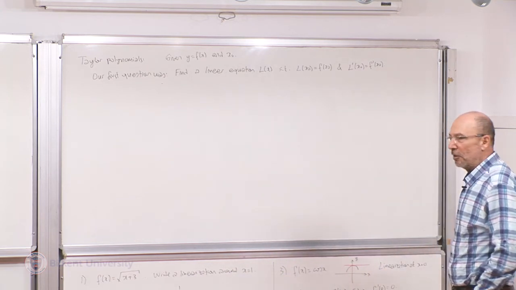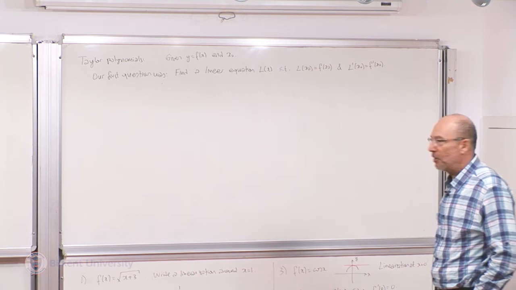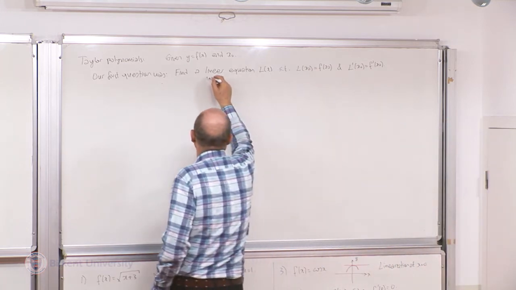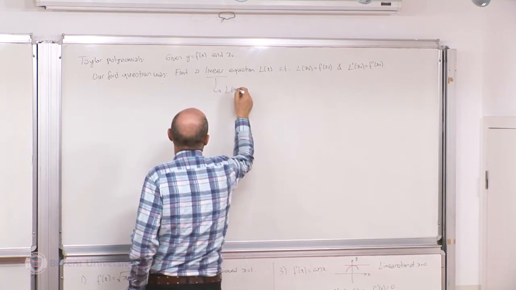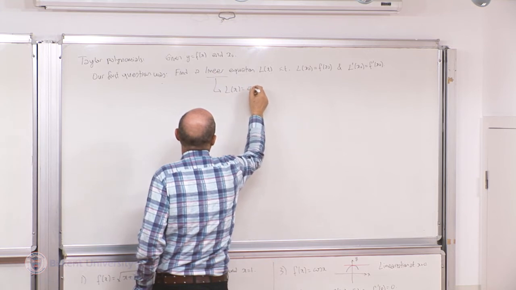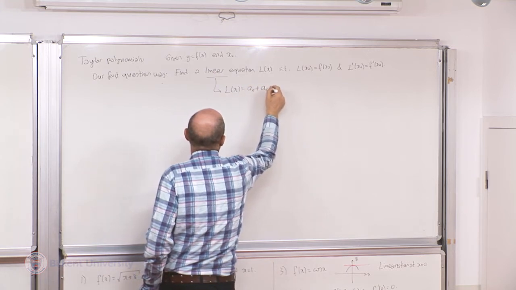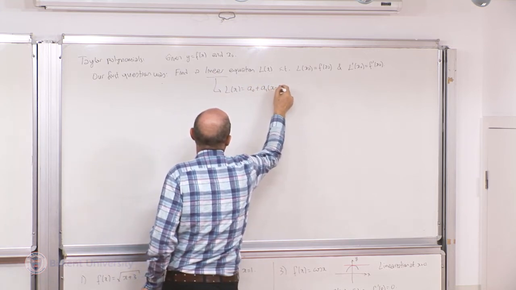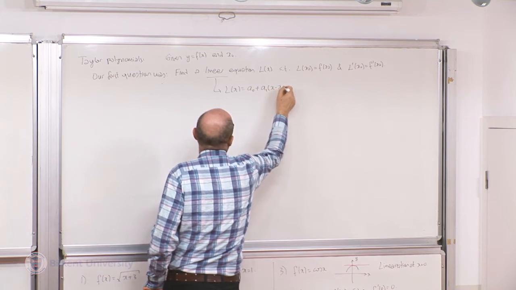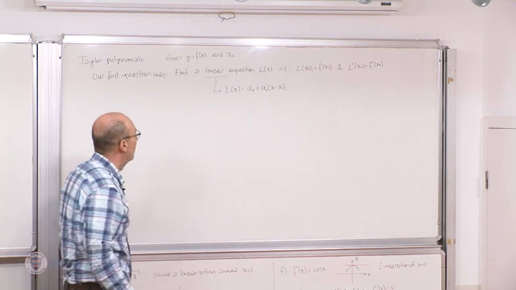Okay, so this was the question that we answered. A linear equation means L(x) is equal to a0 plus a1 times x minus x sub 0.